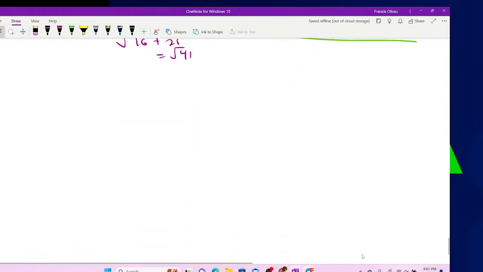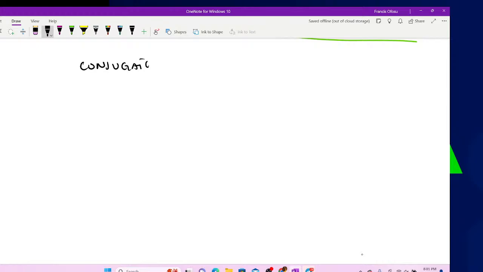So let's quickly find the conjugates of complex numbers. There is a short part. So conjugate of complex numbers. Having this conjugate of complex numbers, what does it say?